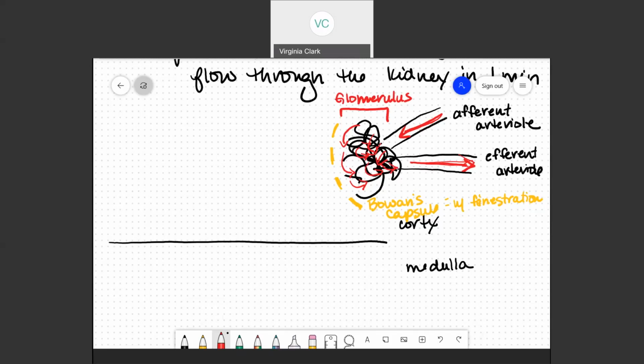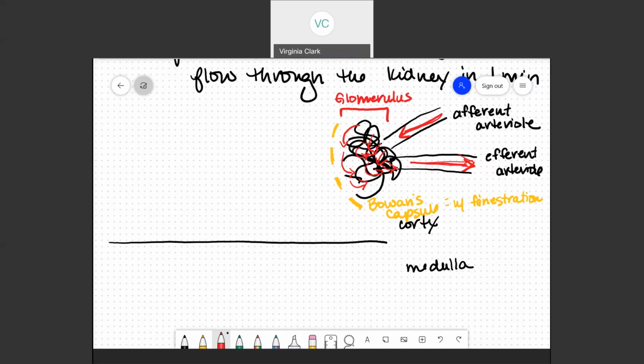That is what we're filtering, not the blood cells themselves, either red or white. We are filtering out the plasma that makes up the rest of whole blood. So the plasma is carrying the nitrogen, the nutrients, the gases, some of the wastes. So that's what we need to filter, not the actual cells themselves.